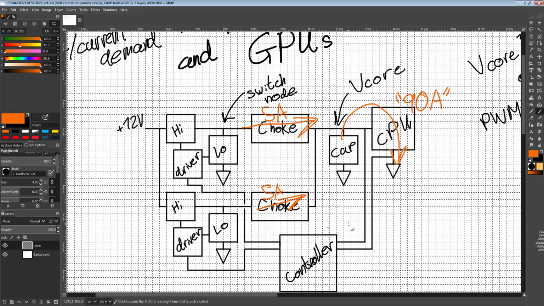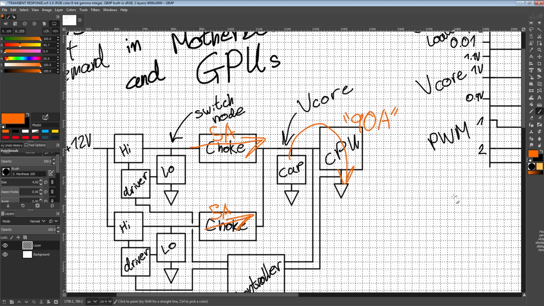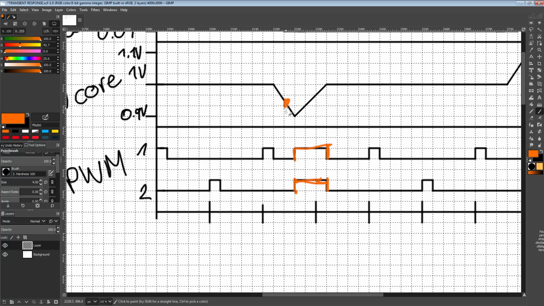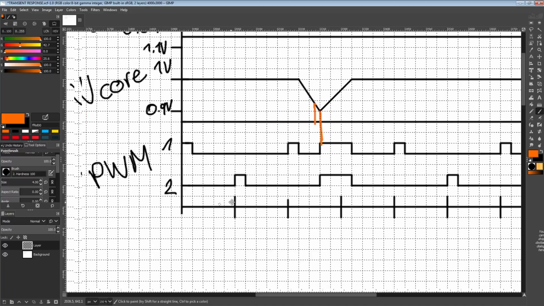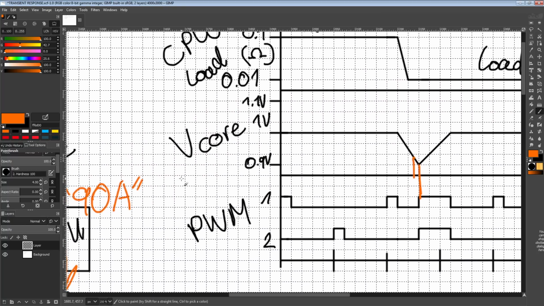This adjustment to the PWM signal is going to take some time to propagate to your high side MOSFET. You could also have the gap between when the controller notices and when the high side MOSFETs actually turn on. Well, it'll depend on the design of the VRM.